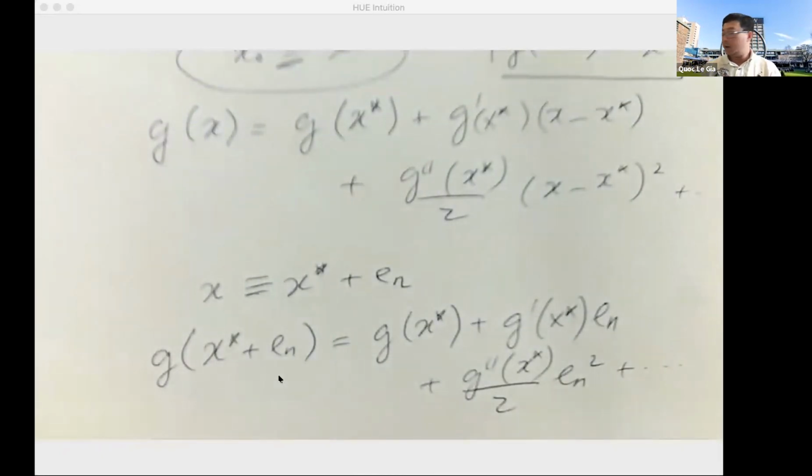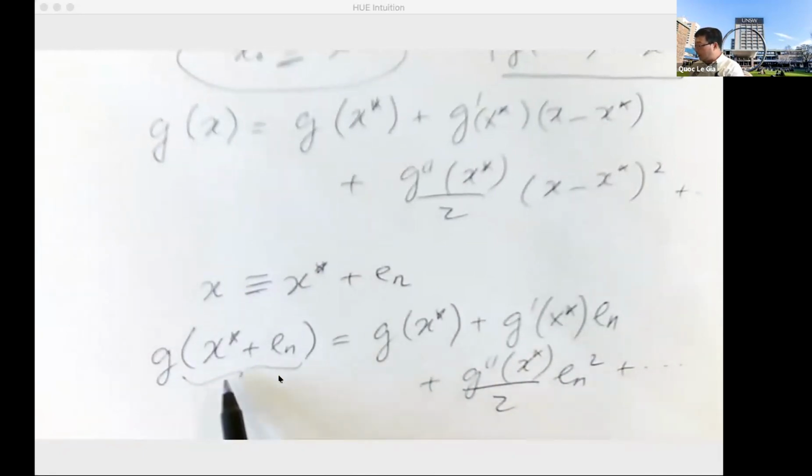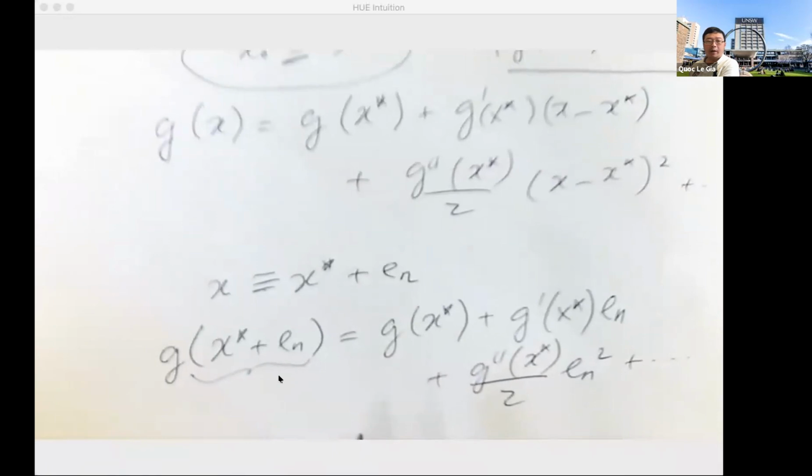And now one more thing. What is g(x star plus en)? So what is x star plus en? Remember en plus 1.